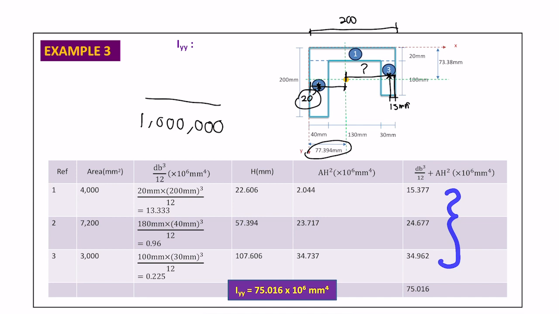Add all of these together, you will get 75.016 times 10 power of 6 mm power of 4 as the value of IYY.